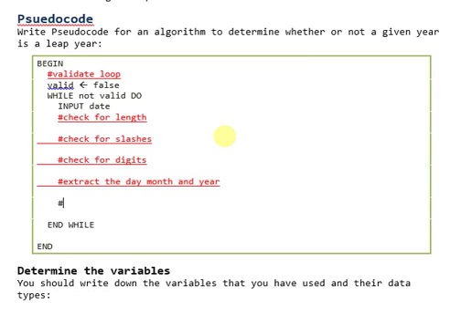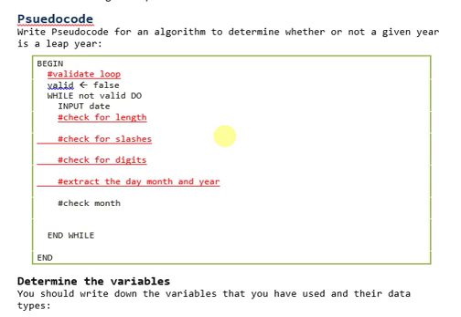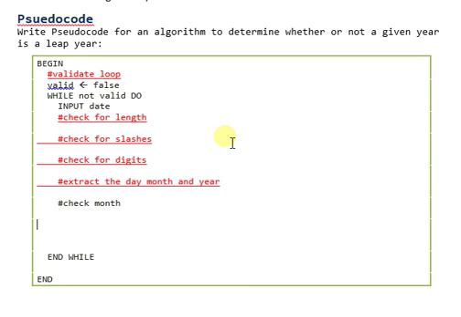So the first thing I'm going to check is the month, because I'm checking the month first, not the day, because the day relies on the month. So if the month's okay, then I'm going to check the day, and within that, obviously, I'll be checking for the leap year as well, if it comes out as 29.